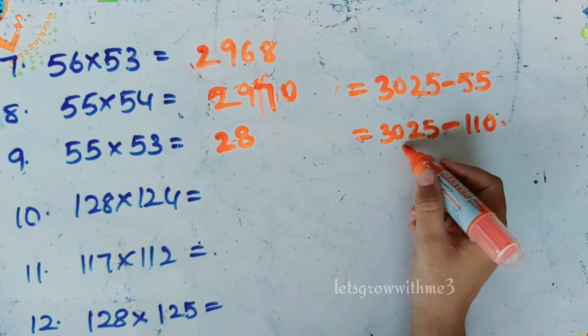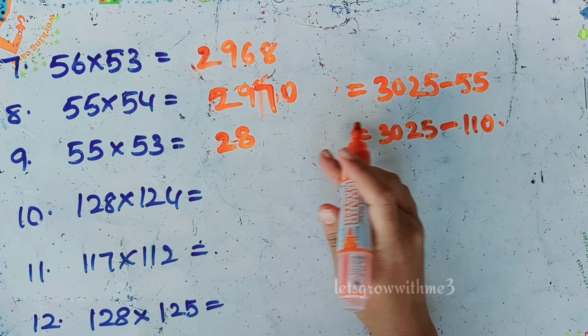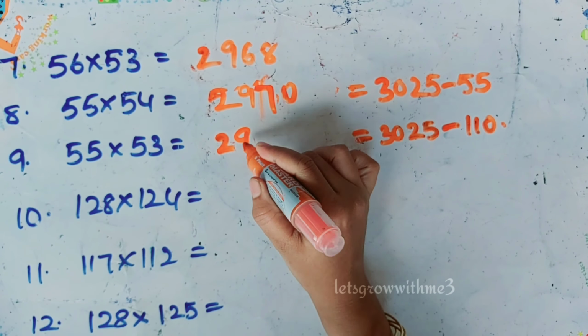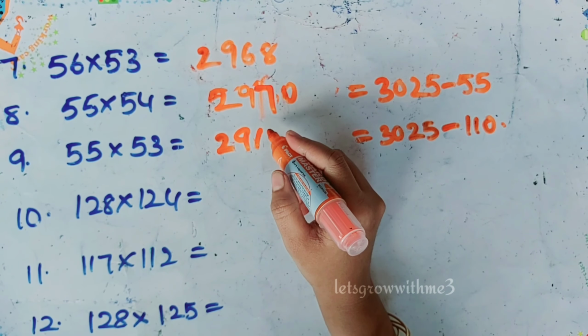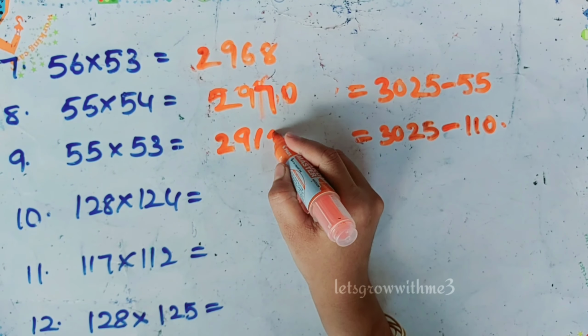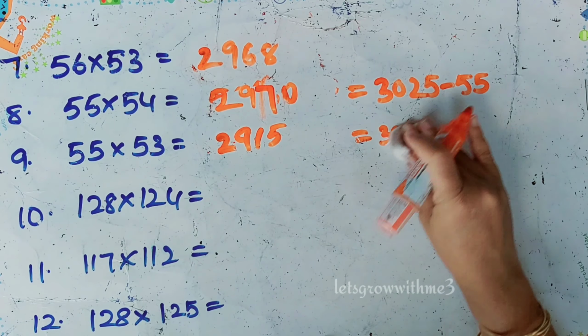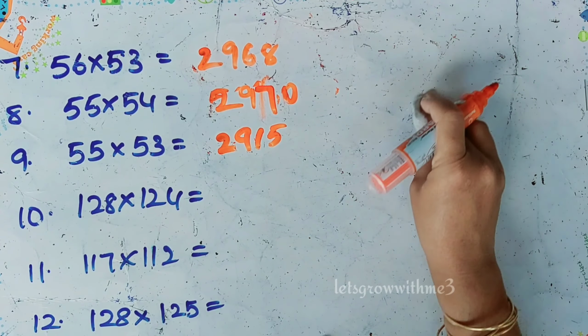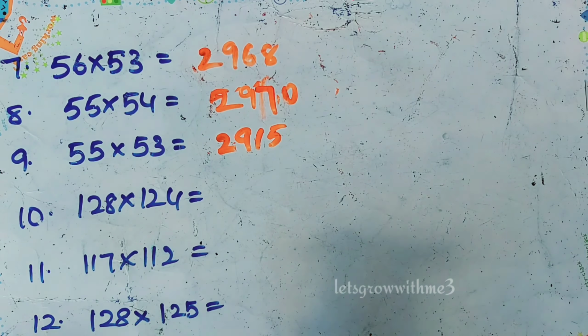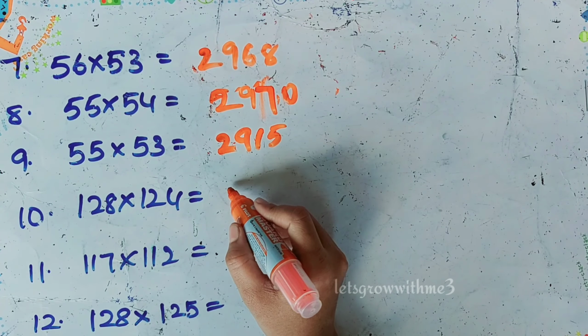Wait, anyway I'll correct it. 29, yes. Then 2 minus 1, 1, because we don't have any borrow combination. I thought we had a borrow combination. Yes. So 5 minus 0, 5. Okay, so that's how you need to do all these questions.